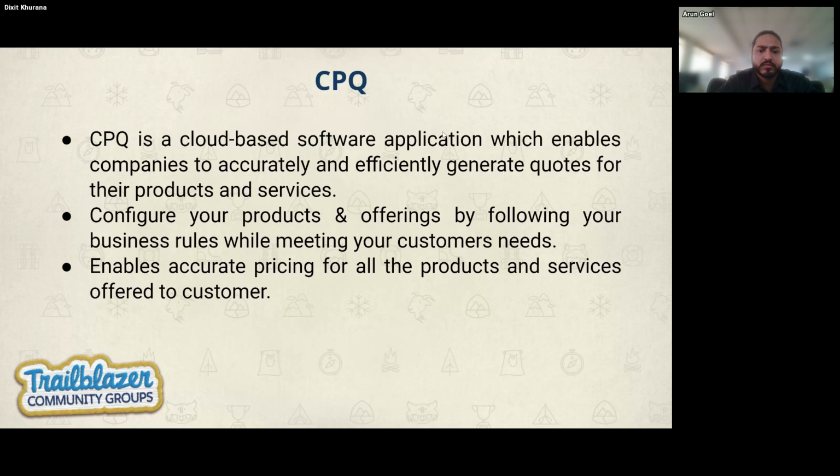Pricing means there are lots of different kinds of pricing. For example, when you go to a shop, say a retailer or wholesale shop, and you want some items in bulk.